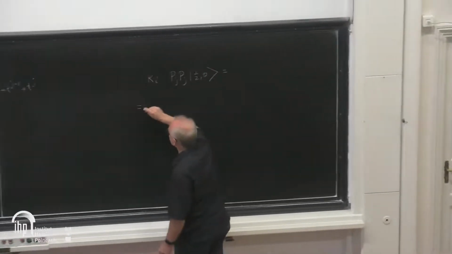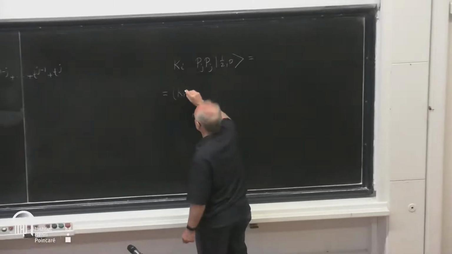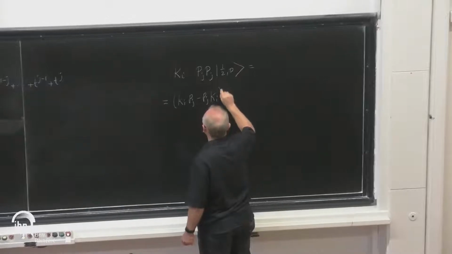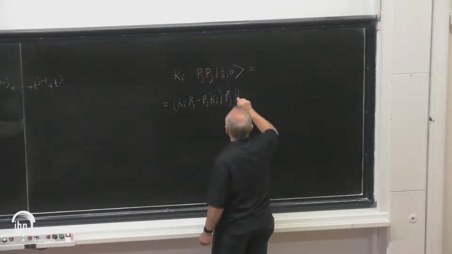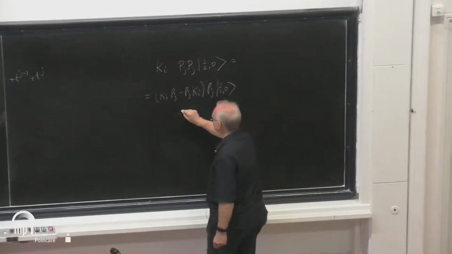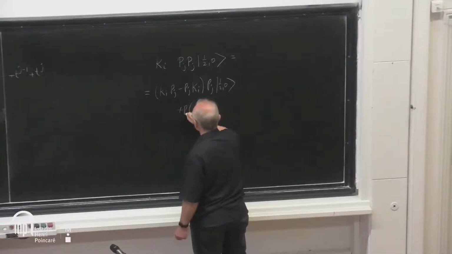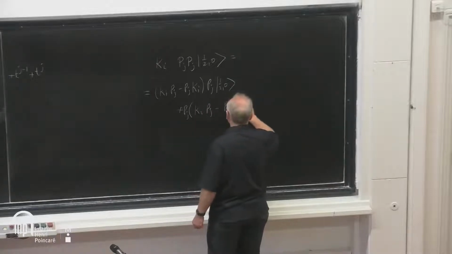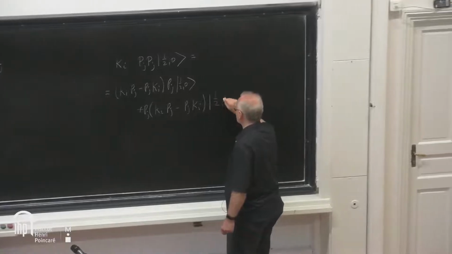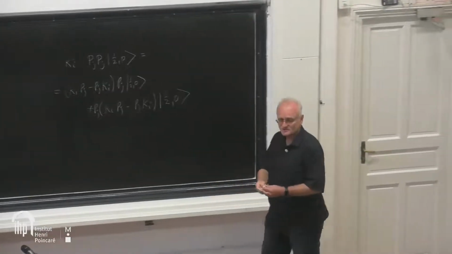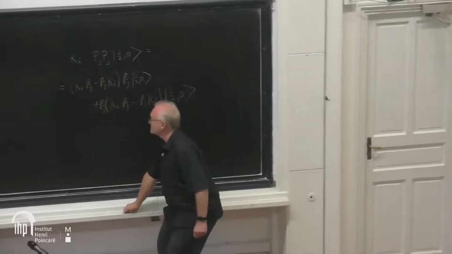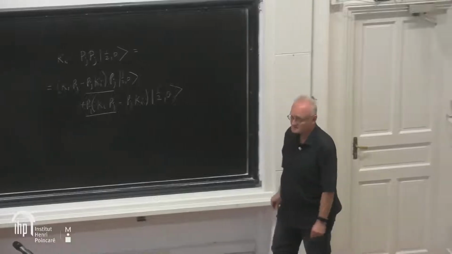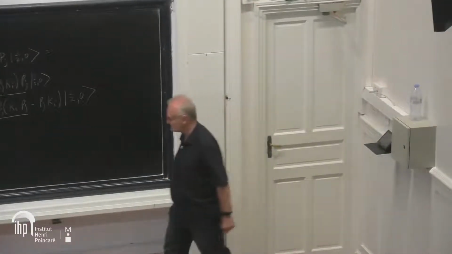Well, first of all, I can write Ki Pj minus Pj Ki acting on 1/2 comma naught, plus Pj Ki acting on 1/2 comma naught. So I'm just doing the usual thing that you will do. I want to use the commutators. So this term over here with a minus exactly cancels this term over here with a plus. So I didn't do anything.